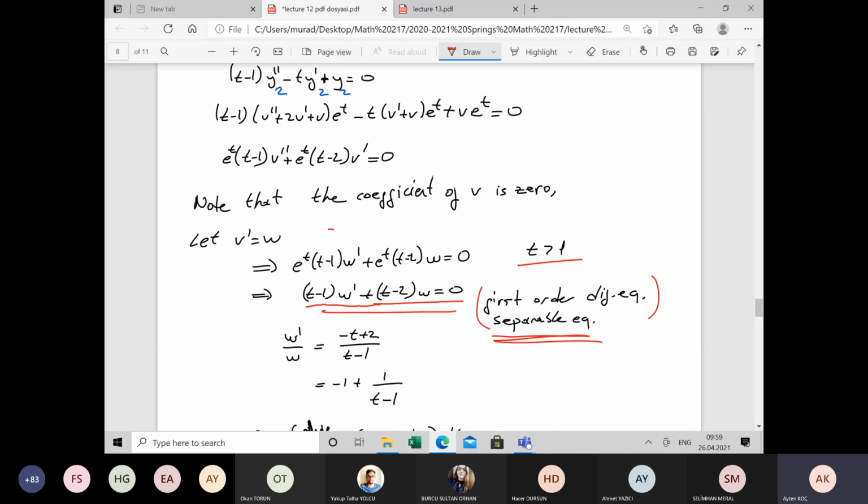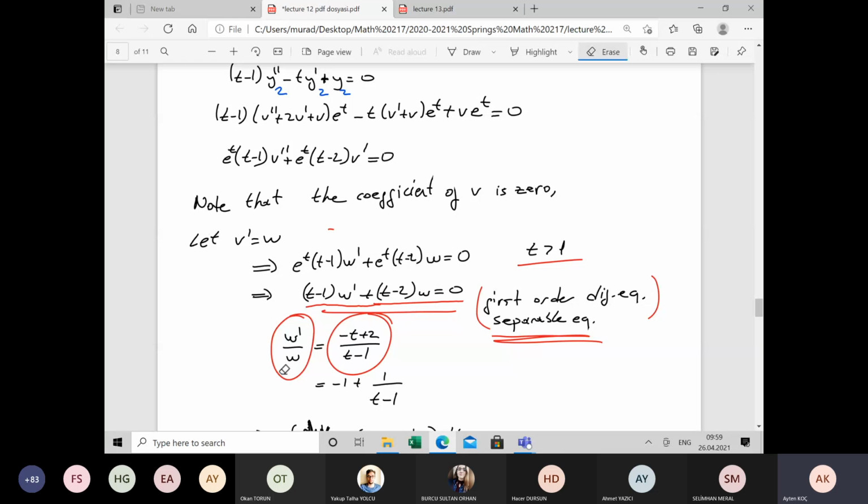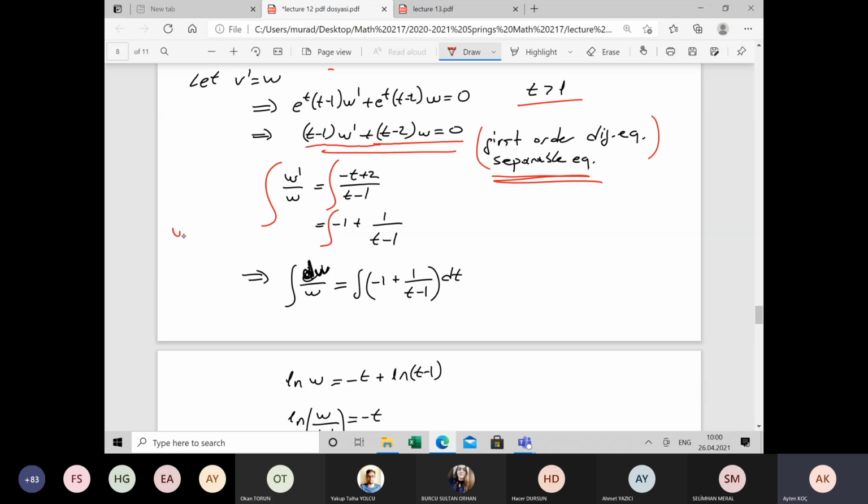Okay. So we rewrite this one as w prime over w, and solve for it. We obtain a separable equation. Integrating both sides, we obtain dw over w, where w is from dw over dt.